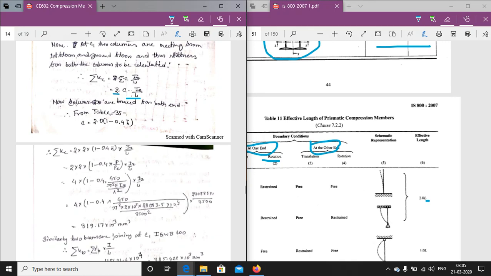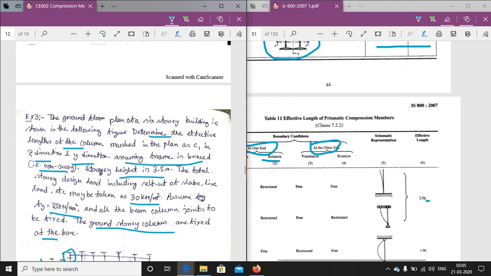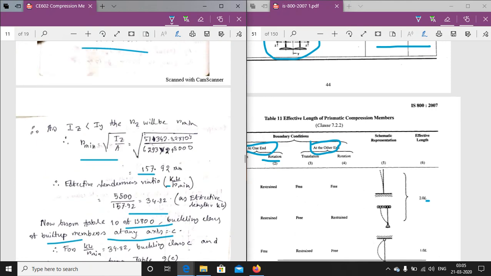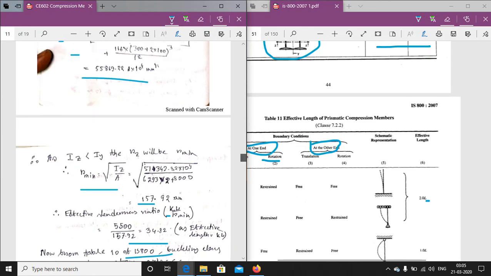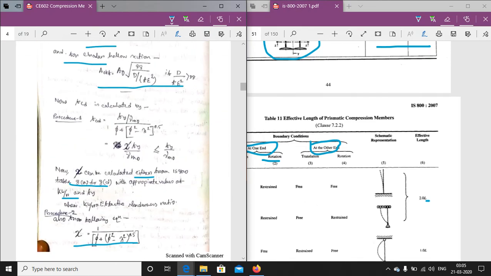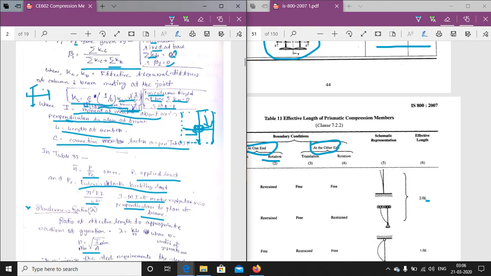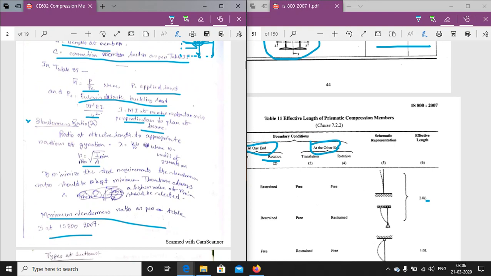Now the columns are based on both. Here it is also mentioned that the ground story columns are fixed at the base. So the columns are fixed at the base. Now if we see in my note, the value of n dash is the thing we need to determine, and it will be based on the P by PE load.